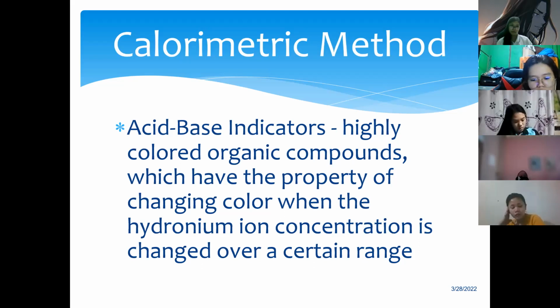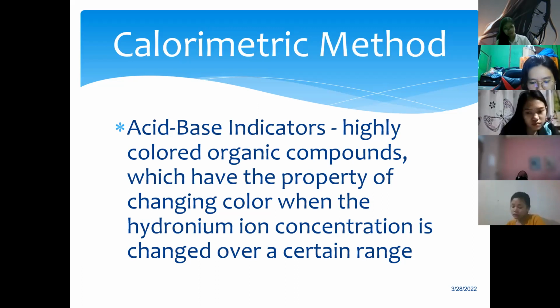When we say acid-base indicator, it's a compound, a chemical substance that when you place it in a certain pH, it changes color. Right? In titration, when it changes color, it means it has reached the endpoint. The reason for that is the acid-base indicator.